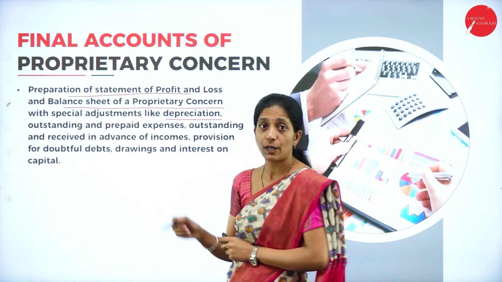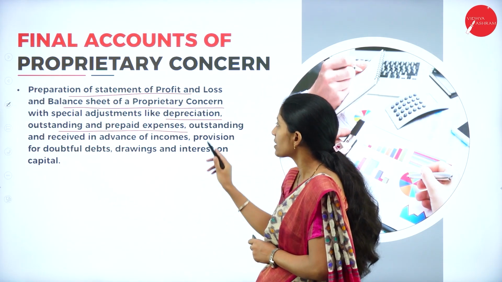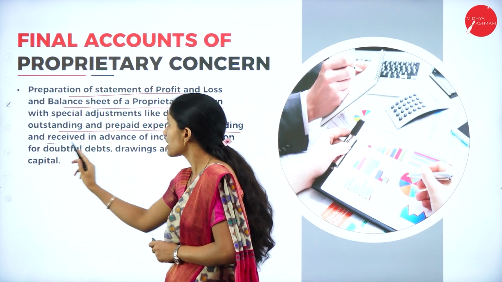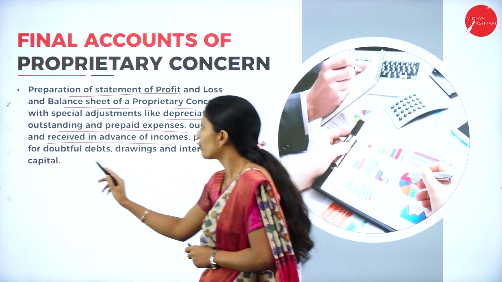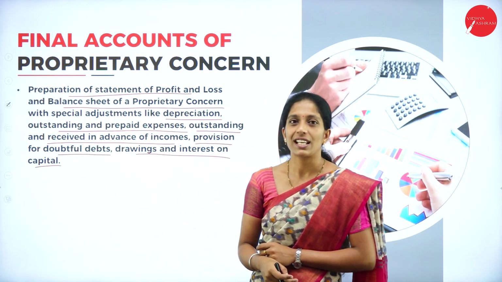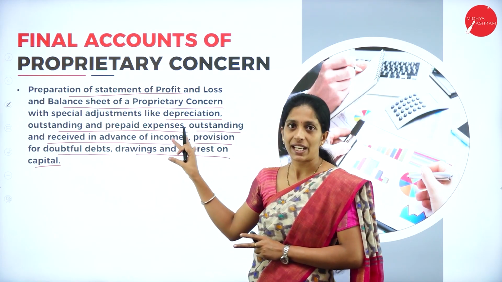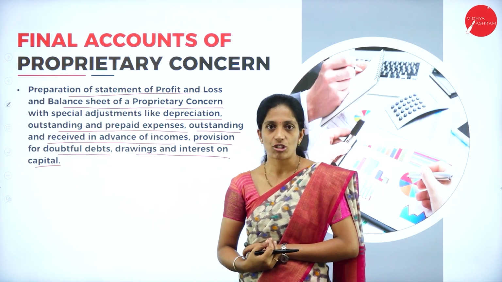You might get an adjustment on depreciation, outstanding as well as prepaid expenses, outstanding as well as received in advance of income, and provision for doubtful debts, drawings and interest on capital. These are the few adjustments you might get in a problem where you have to prepare the financial statement.